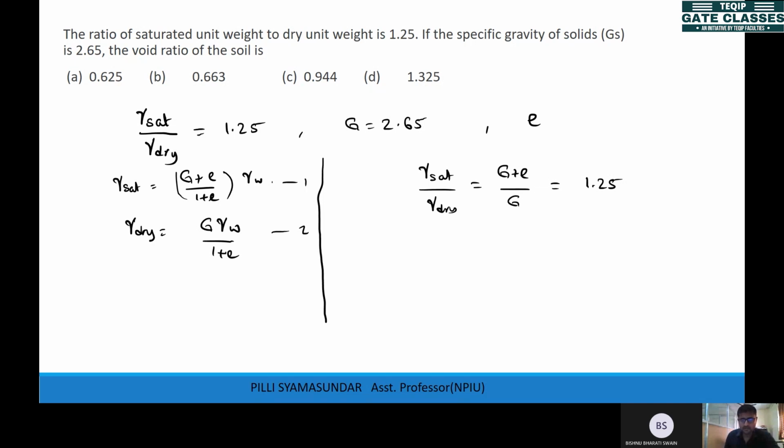So simple, right? G plus E is 1.25 times G. So E, if you send this G to the other side, is 0.25 times G. G is known to you, so 0.25 times 2.65.